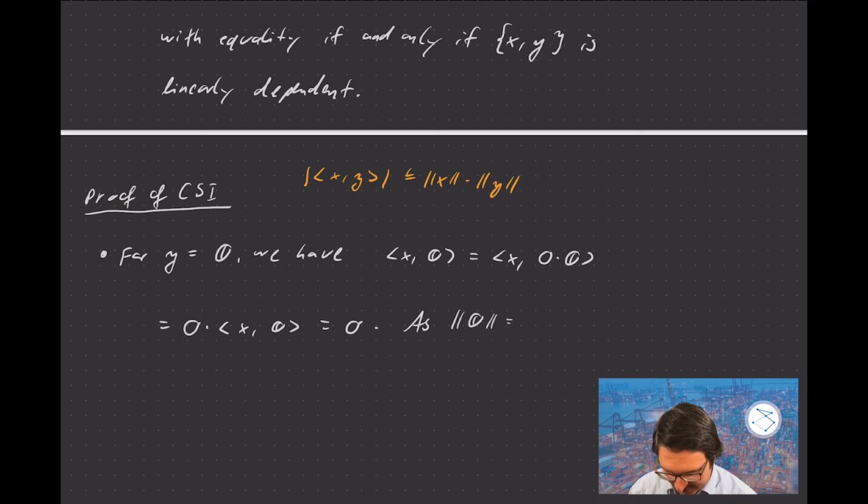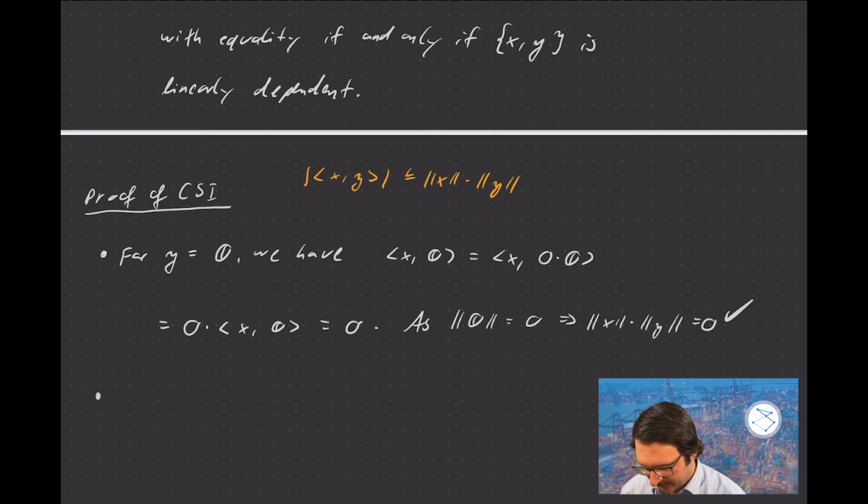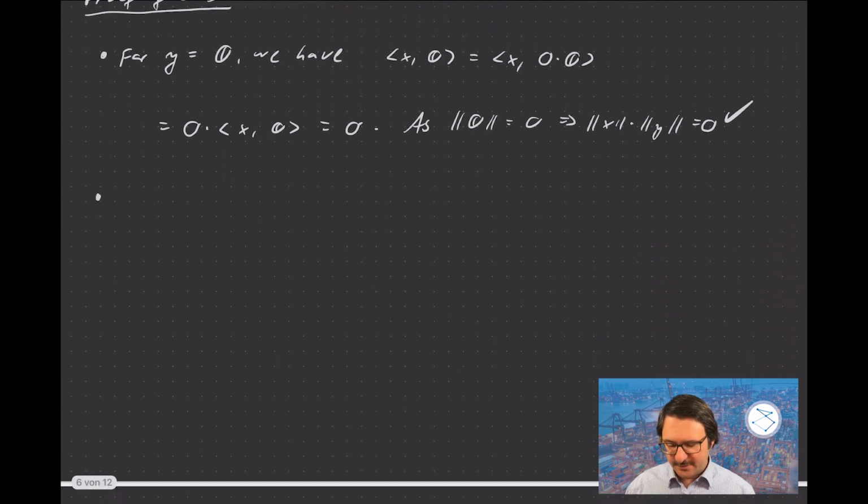And that means both sides are equal. So second case, we can now assume that y is not the 0 vector. And in that case, of course, the norm of y is strictly positive.